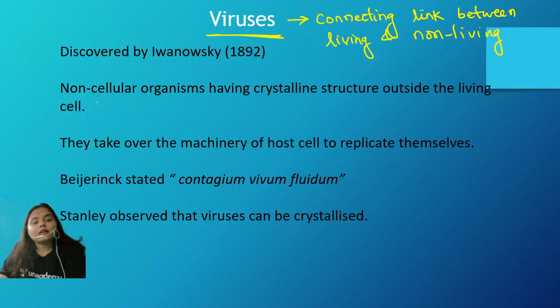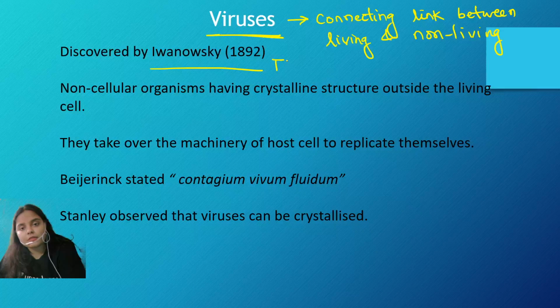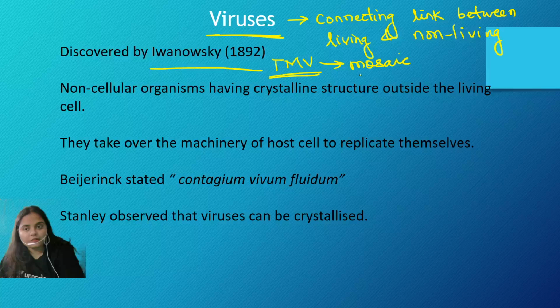Viruses were discovered by Ivanovsky in 1892 while he was working on the tobacco mosaic virus (TMV). It causes disease in the tobacco plant, and due to this virus, a mosaic pattern in the leaf of the tobacco plant is observed. So what are viruses? These are non-cellular organisms. We know that they are not composed of cells.